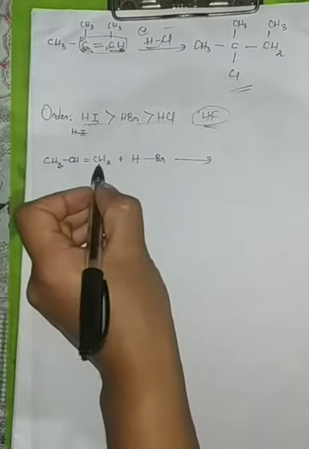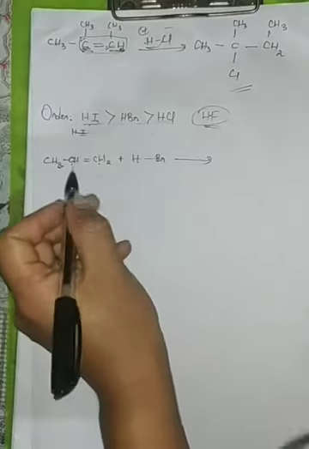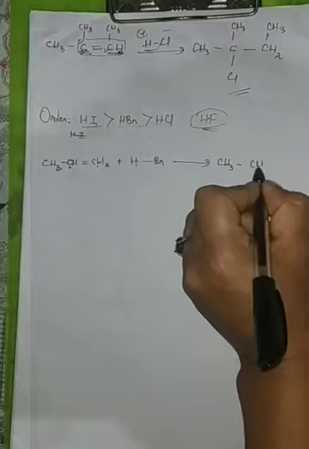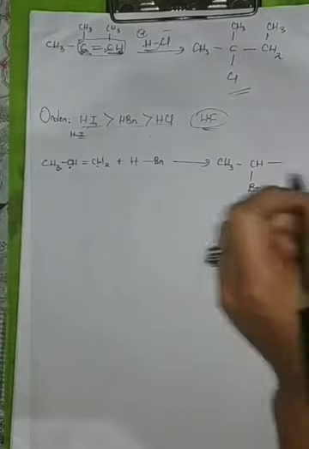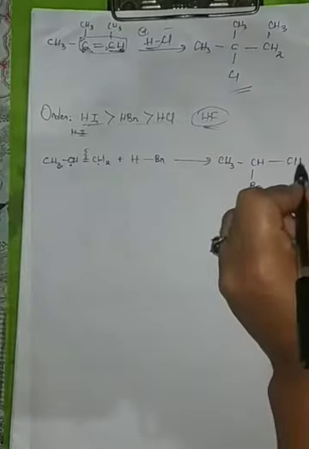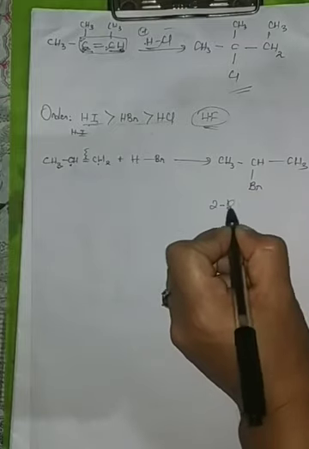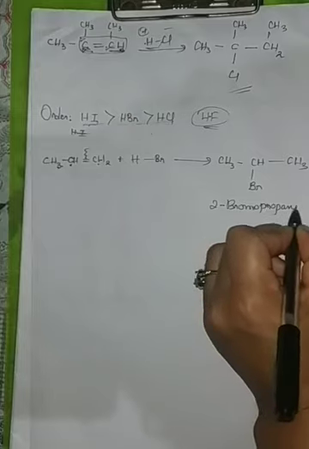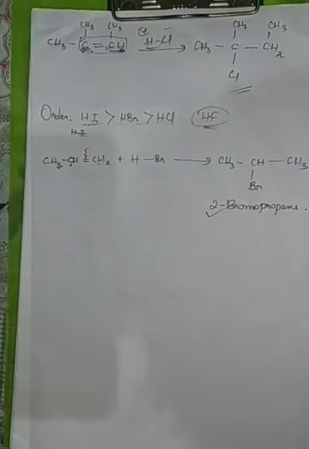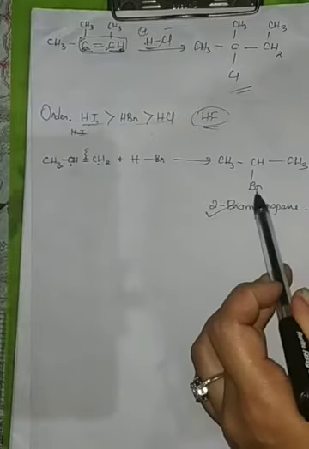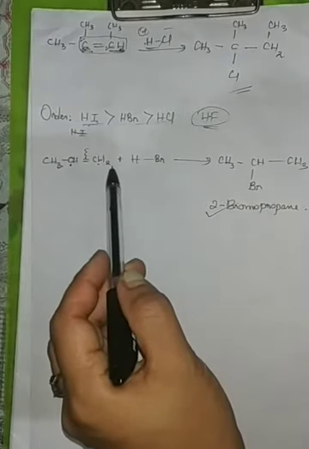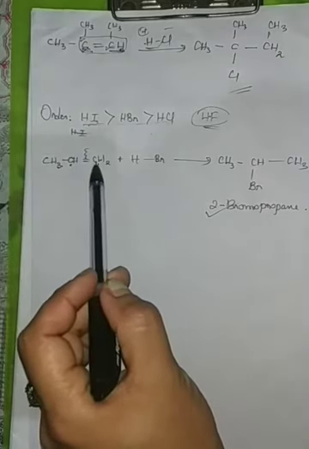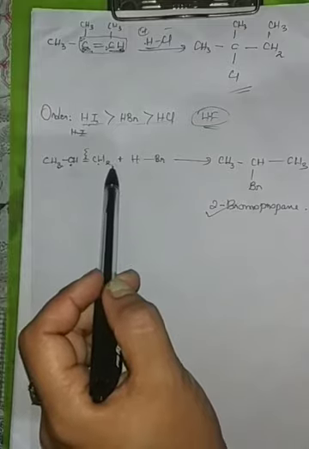Therefore, our H plus would come and Br minus would come and attach here. Therefore, CH3 CH, our Br would be here. One bond will break, and then this would become single bond. This is 2-bromopropane. This is our major product, because we know that in Markovnikov's rule, I'm repeating it again, the electrophile attacks the carbon atom having more number of hydrogen atoms.